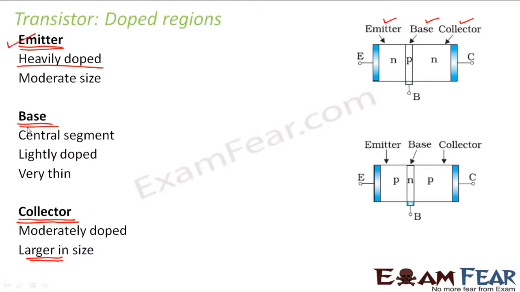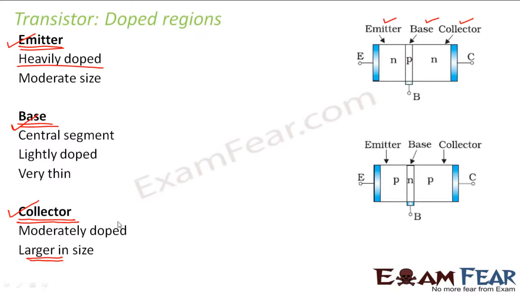So this is how we define the three different regions, that is the emitter, the base and the collector. These three regions together will form a transistor, right? Now the junctions between these regions, what do we call them? The junction between the emitter and base is known as the emitter base junction.